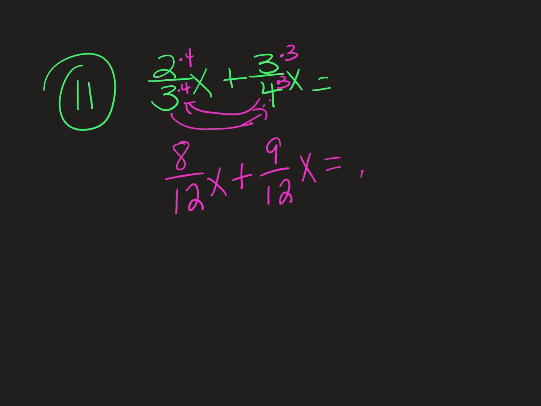Your denominator stays the same. 8 plus 9 is 17, yep, that's right, 17 over 12x. You don't change it back to a mixed fraction. You want to leave it as an improper fraction.